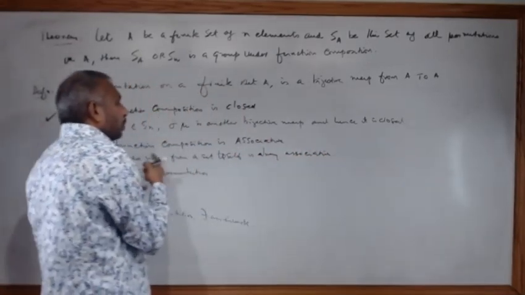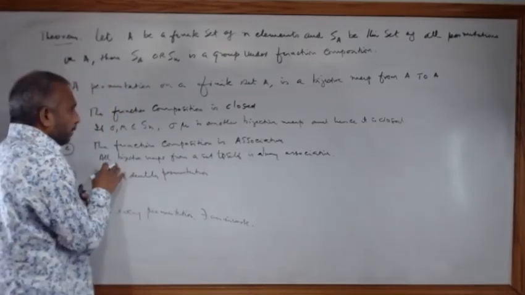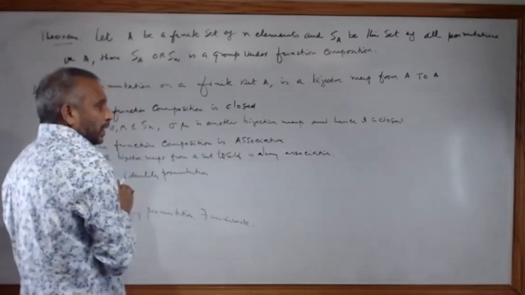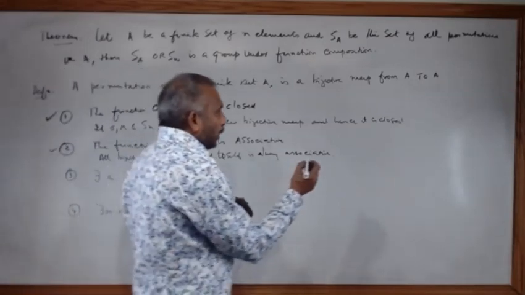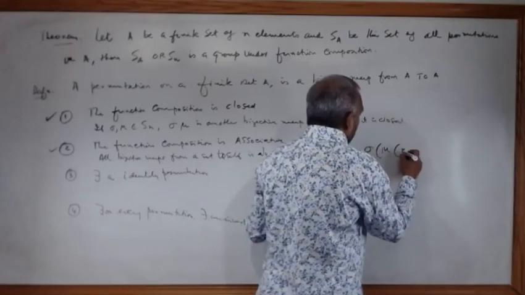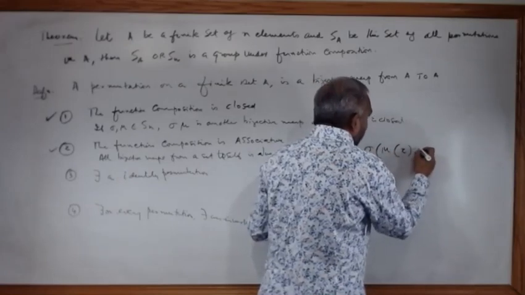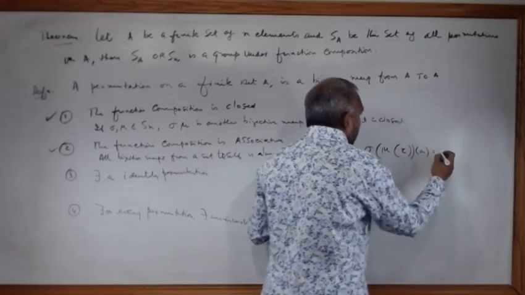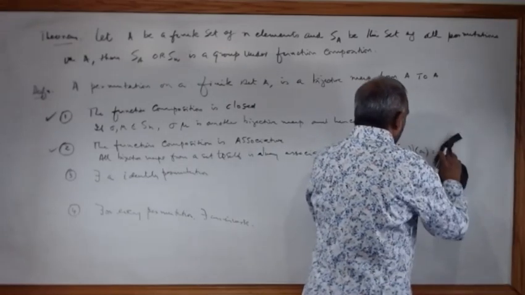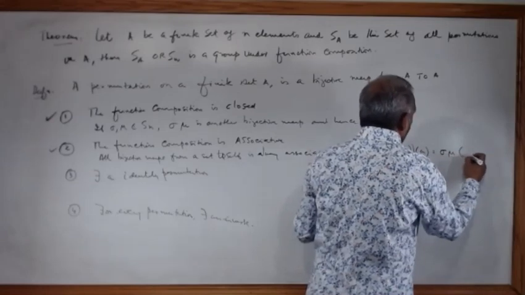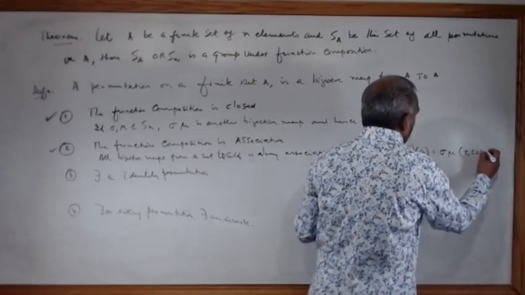I'm not going to prove this one because you can verify it by taking elements and seeing whether you get the same result when you have sigma of mu of tau of an element equal to sigma of mu of tau of an element.